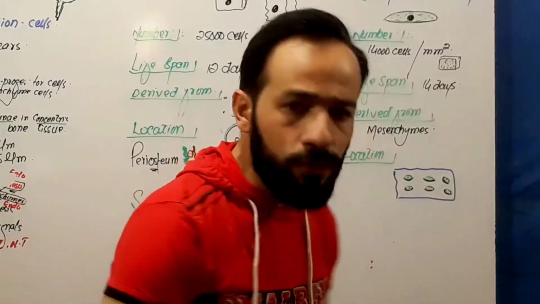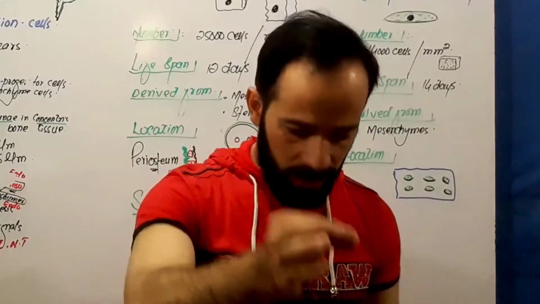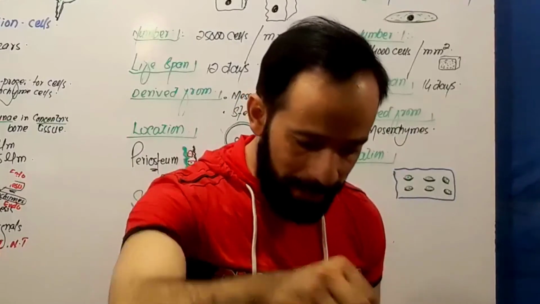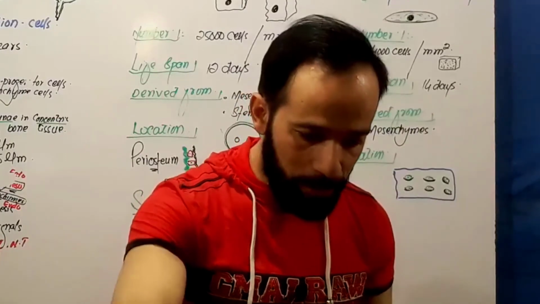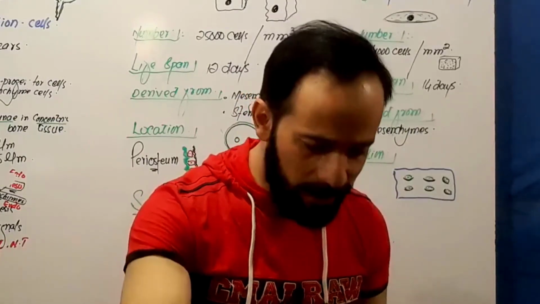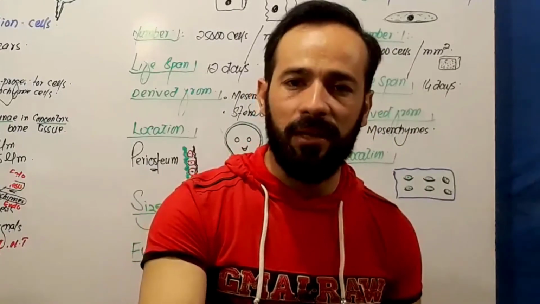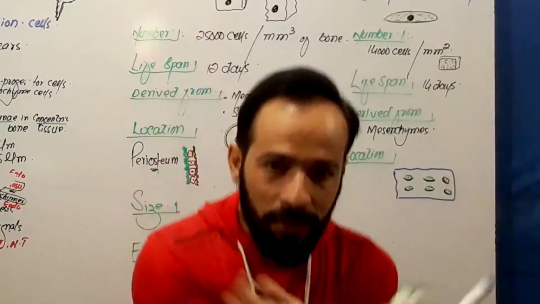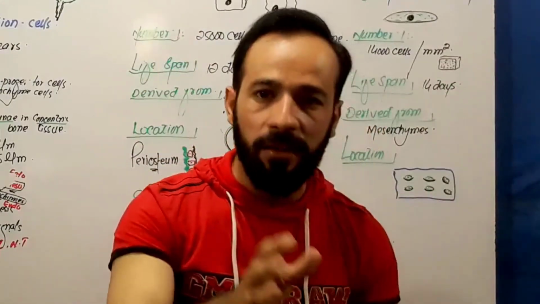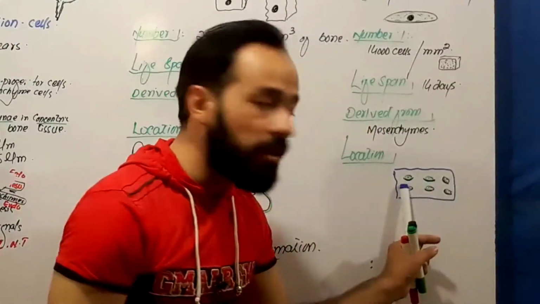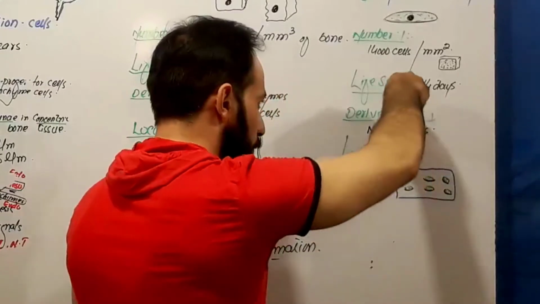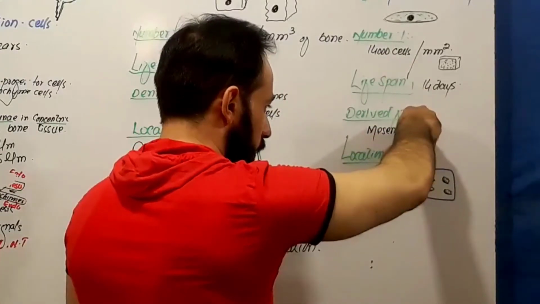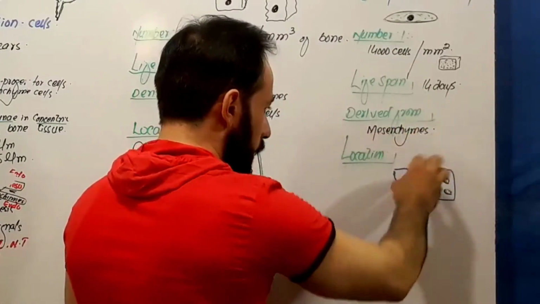You know, if you drop a pebble in the water, when the pebble hits the water, that pebble will create a small depressed area for itself in that water. So that small depressed area which this pebble creates is like this, right. So we have put the chondrocyte in the ground substance.